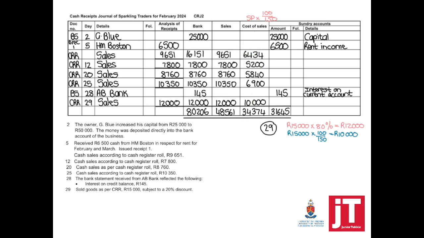Cost of sales is a non-cash item. It's a debit entry. When you see the word cost of sale, their BFF is trading stock. So to see if we've added this correctly, if you take sales plus sundry accounts, it should equal exactly the same amount.